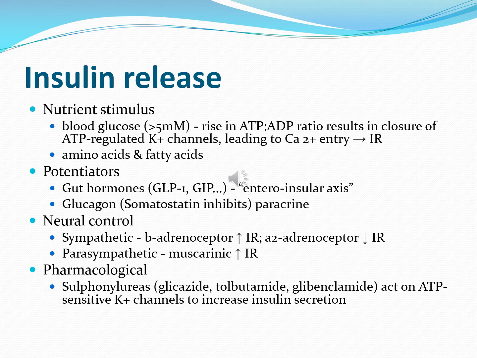So sulfonylureas essentially will bind to this potassium channel that we mentioned at the start of the slide, and close the potassium channel, therefore leading to depolarization of the membrane, calcium influx, insulin release, and that's without an increase in blood glucose. Okay.